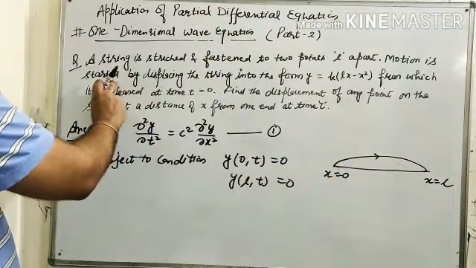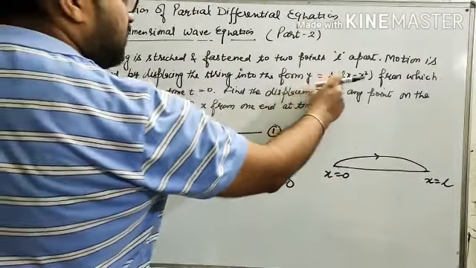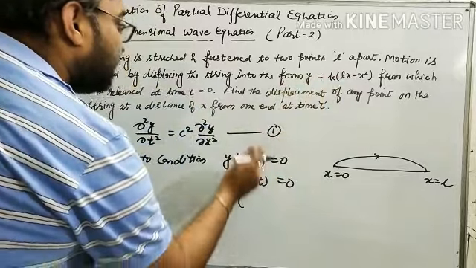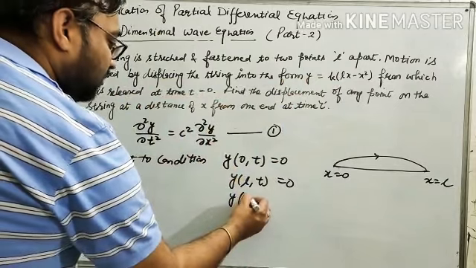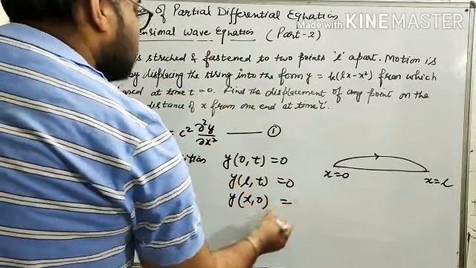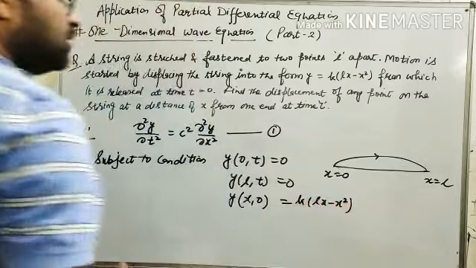So the motion is started by displacing the string into the form y equals this, from which it is released at time t equals 0, that is y(x,0) is equal to k(lx minus x square).